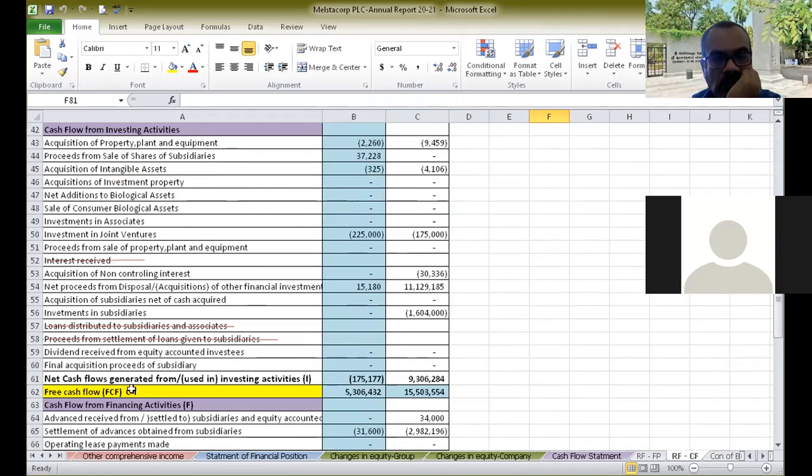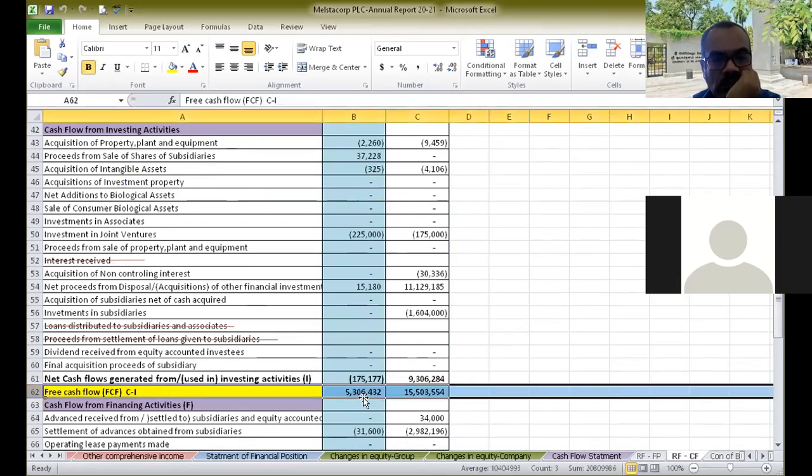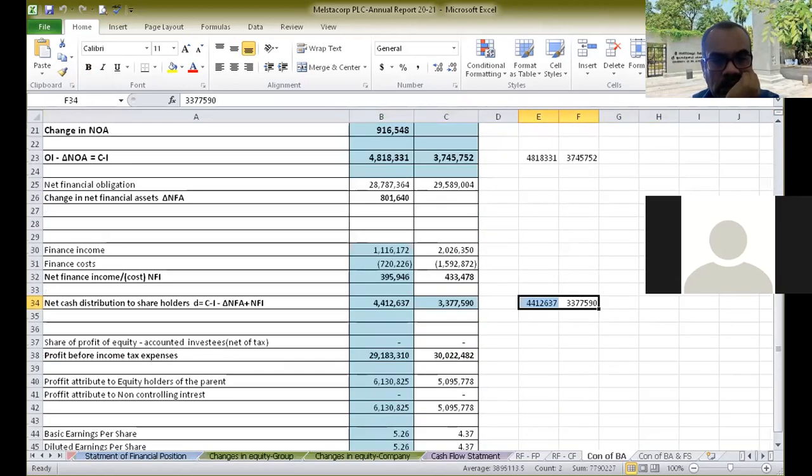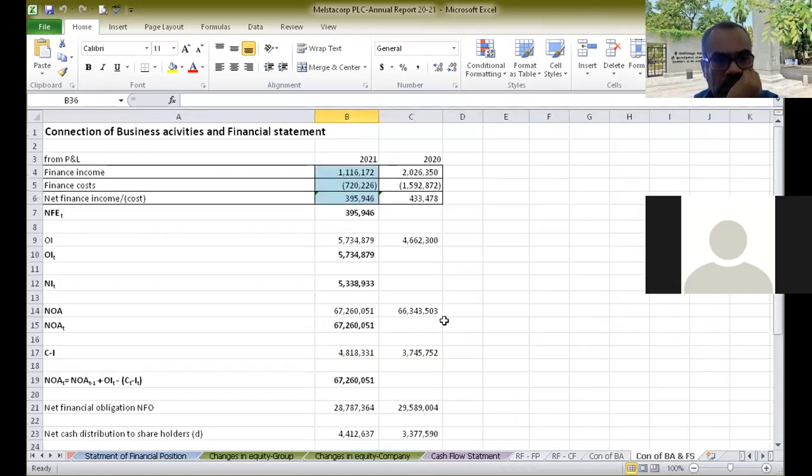So here that free cash flow we get 5.3 million and 15 million. Right. So here I got 4.8 and 3.7. Right. Okay. So that's a good point.